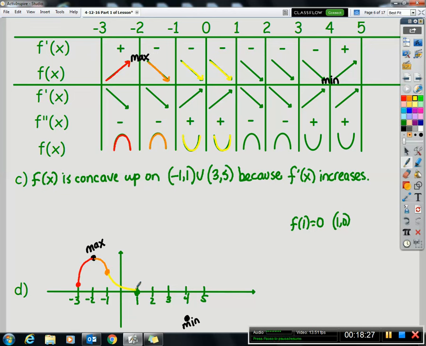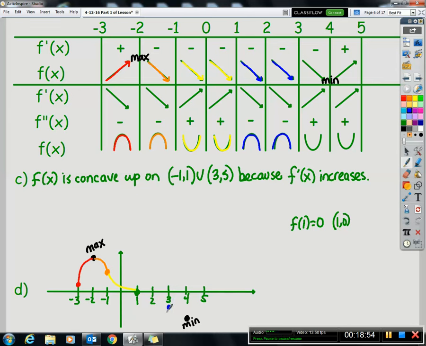Now I see that on my next two intervals, again, it's decreasing and concave down. So I'm going to put them together like it's one big step. So from 1 to 3, I need to decrease and go concave down. Well, if I'm decreasing, I've got to go below the x-axis in this case.